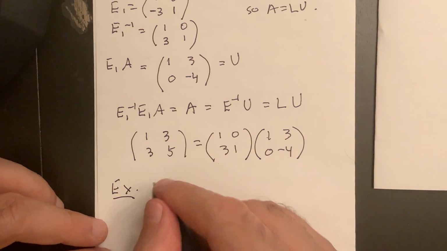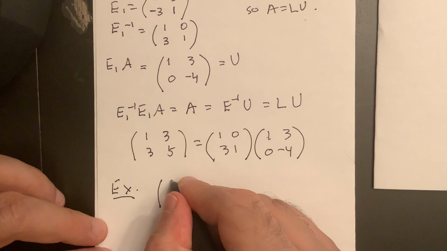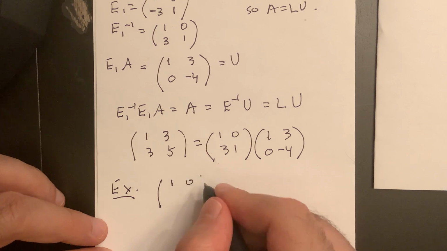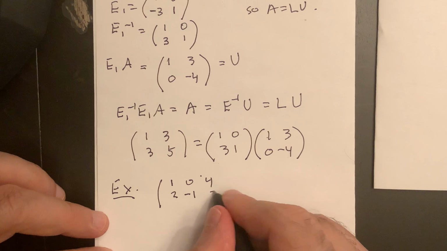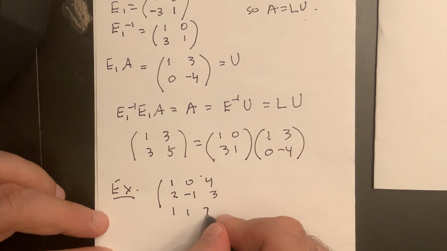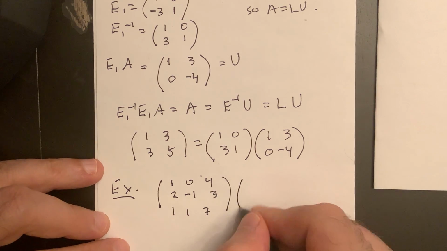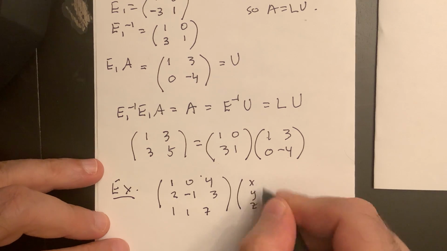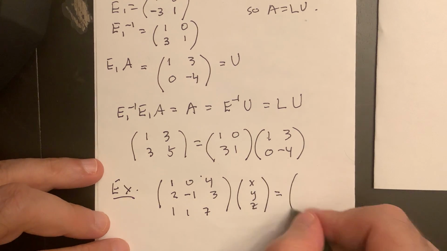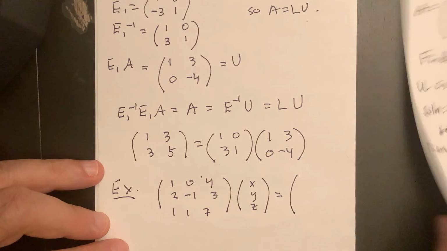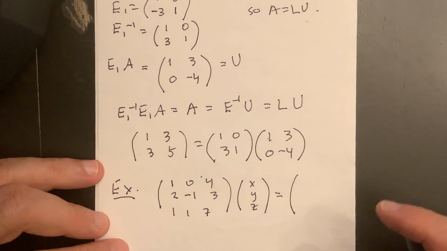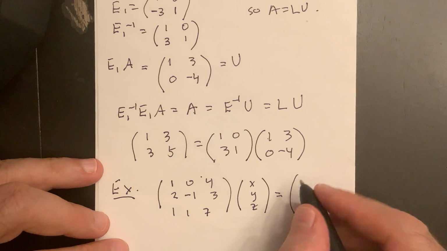We had 1, 0, 4. This goes back to the last lecture, minus 1, 3. Right, this was equal to, I don't remember, 6, 0, 4, right? Yep.